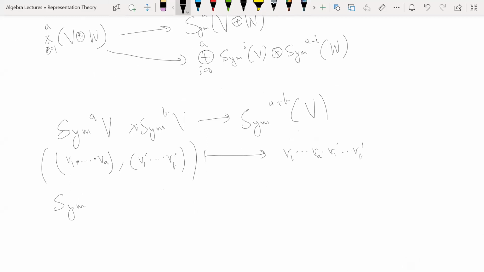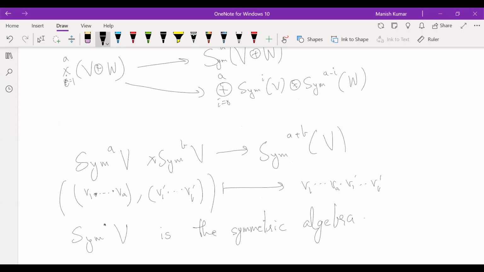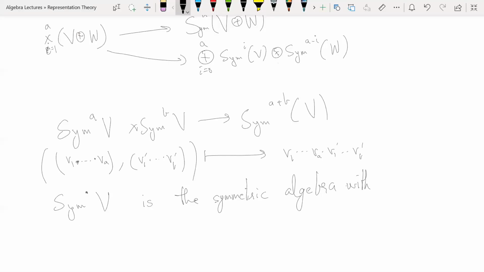So as I said, we'll not talk much about this. Sym V is the symmetric algebra with the product defined above.